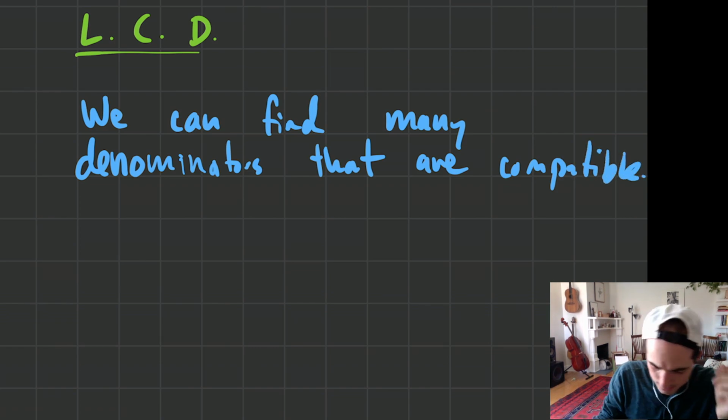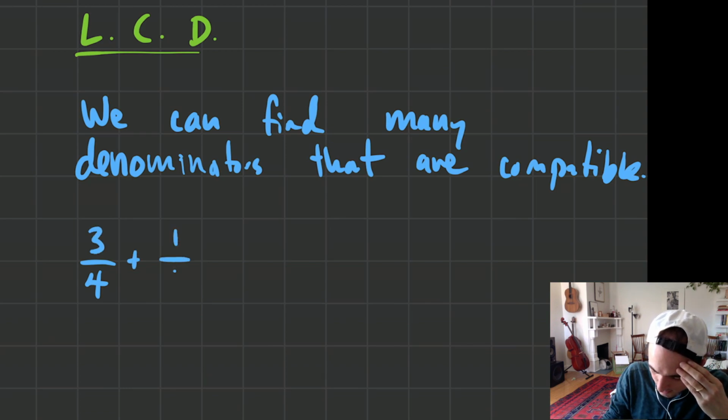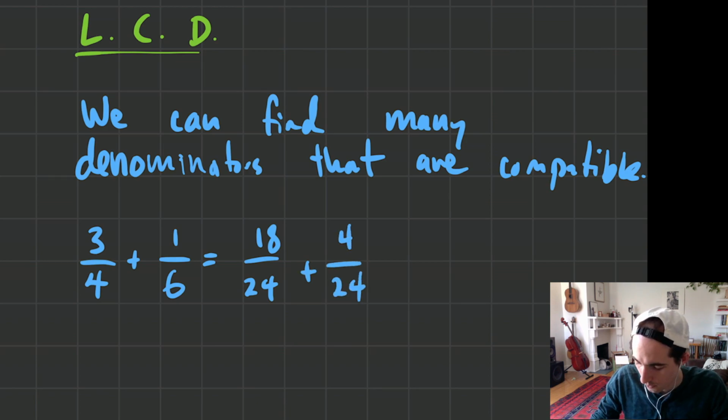What I mean by that is, let's say I wanted to add 3 quarters plus 1/6. The first thing I could do is multiply these guys together, and I could get 18 over 24 plus 4 over 24.